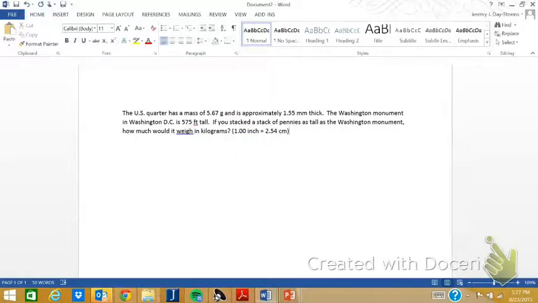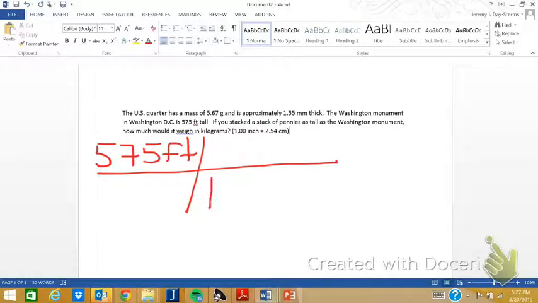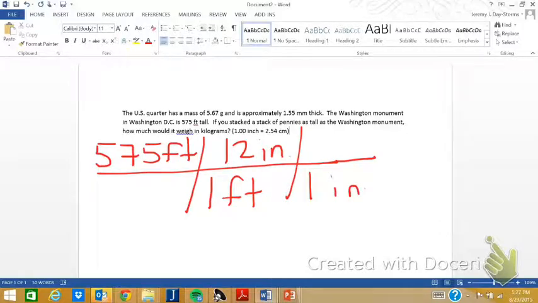So, let's start off with what we do know. Let's first determine how tall the Washington Monument is in millimeters. So we have 575 feet. We can say that 1 foot is equal to 12 inches. 1 inch is equal to 2.54 centimeters.